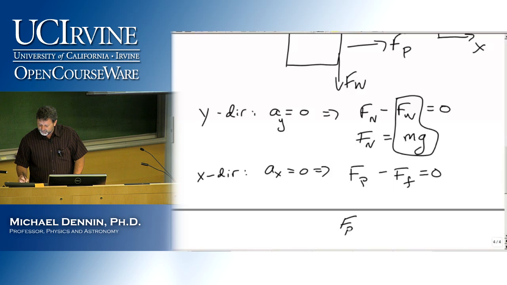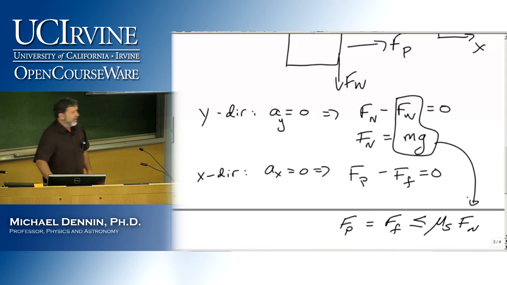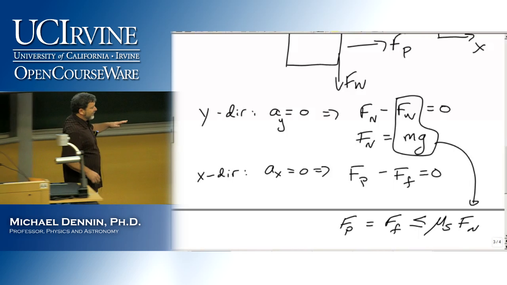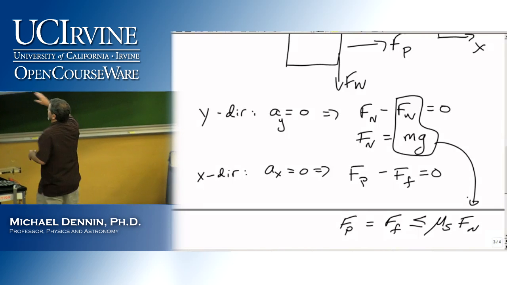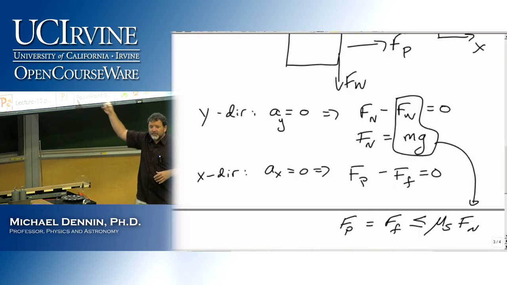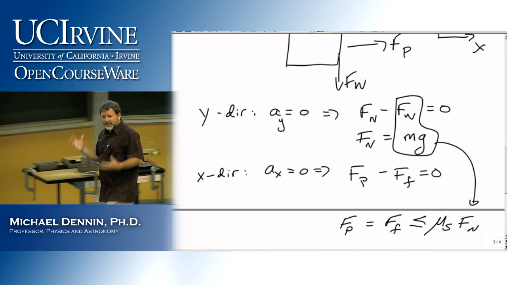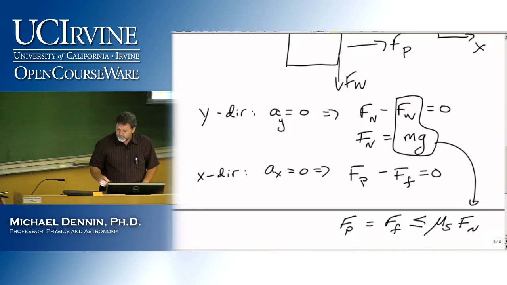So my pulling force has to equal my force of friction, which I know is less than or equal to mu s times Fn, which is not changing. And that is this whole piece of the beginning part, where I start with some very small pulling. I do not accelerate at all because the force of friction is allowed to cancel it. And that is the key thing here.